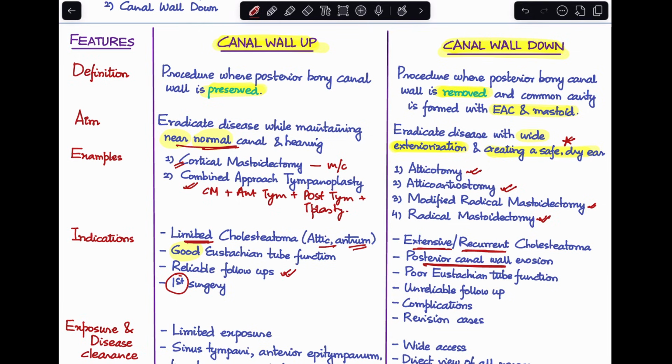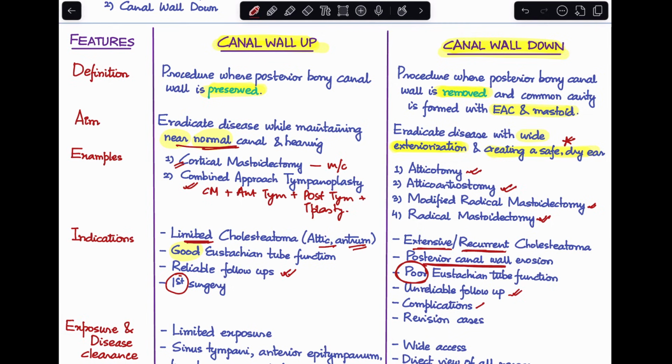So, if there is already erosion, it is better to completely remove the posterior canal wall and perform such a procedure. Next is if patients have a poor eustachian tube function, it is preferable to do a canal wall down procedure. And also, if patients are less likely to come for follow up for a second look, in that case, we should definitely be doing a canal wall down procedure.